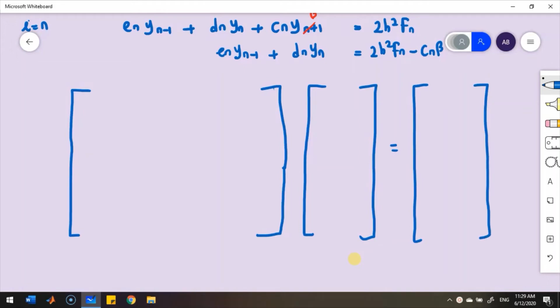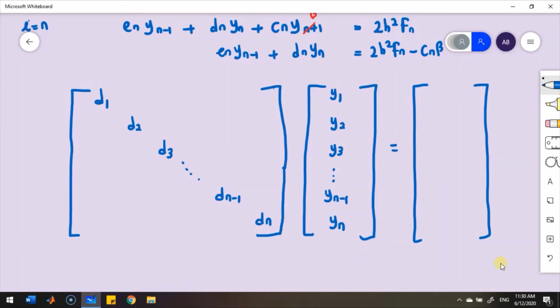Now these are my diagonal, d1, d2, d3, dn minus 1, and then dn. Now look here, this is my y1, y2, y3, yn minus 1, and yn.